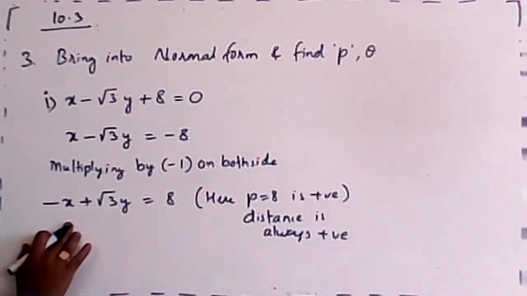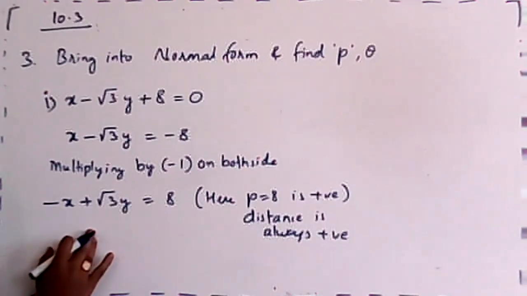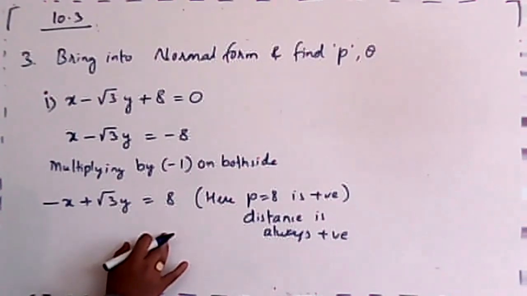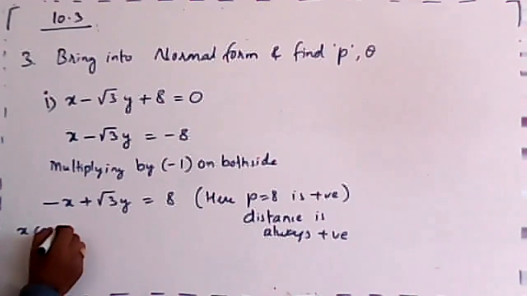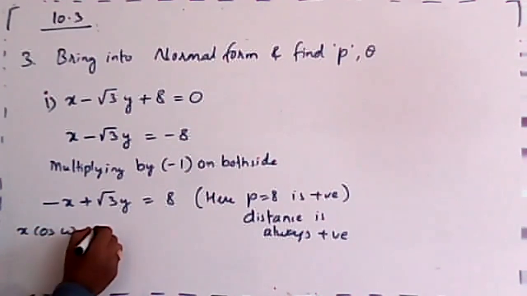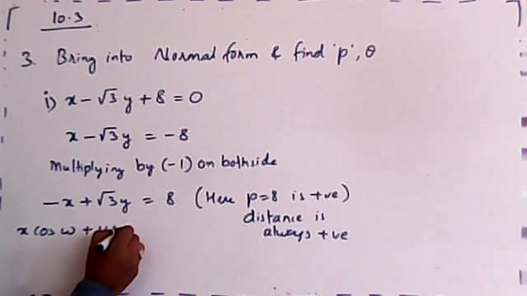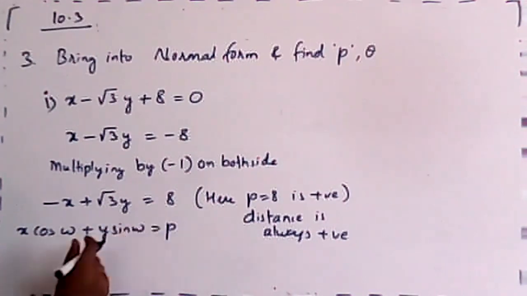Now you just compare it with x cos omega plus y sin omega is equal to p. That I will write here: x cos omega plus y sin omega is equal to p.